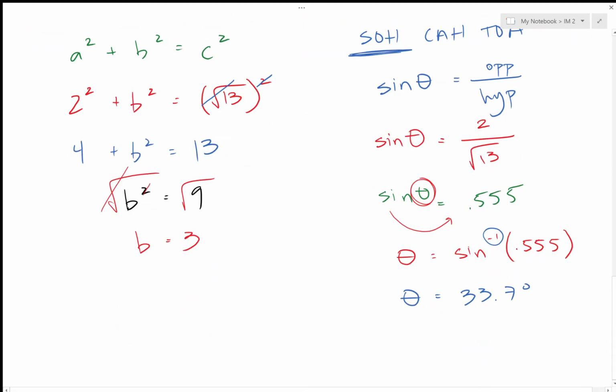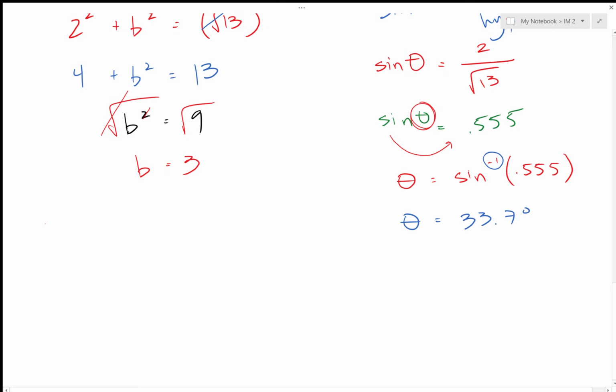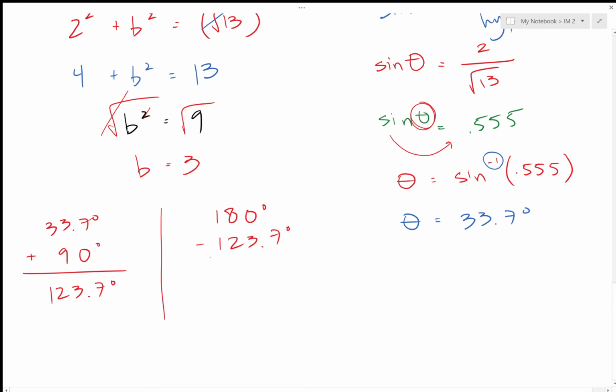So let's do that. It's a little bit simpler math. So I have 33.7 degrees. I'm going to add that to the 90. So 33.7 and 90 come out to 123.7 degrees. So that's how much I have already. If I subtract that from 180 degrees, it should give me whatever's left.